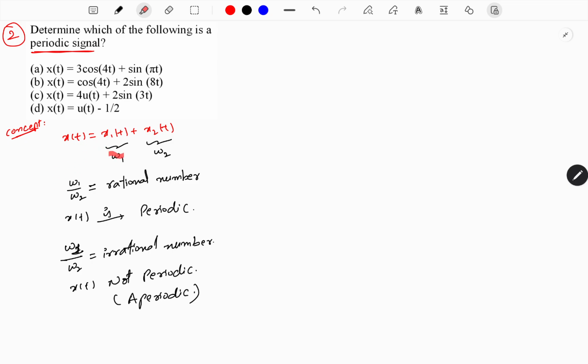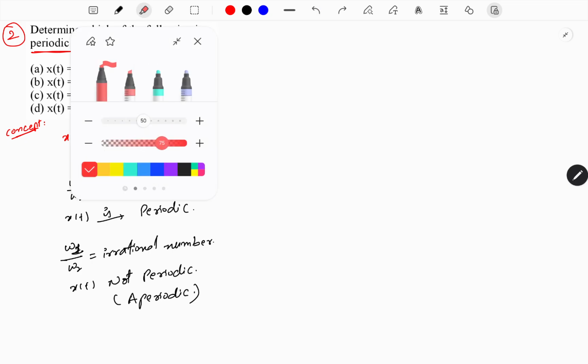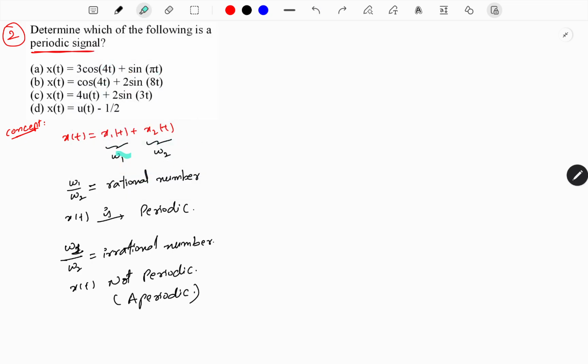We need to find the individual angular frequencies, omega 1 for the first signal and omega 2 for the second signal. Now divide one by the other to get omega 1 by omega 2.